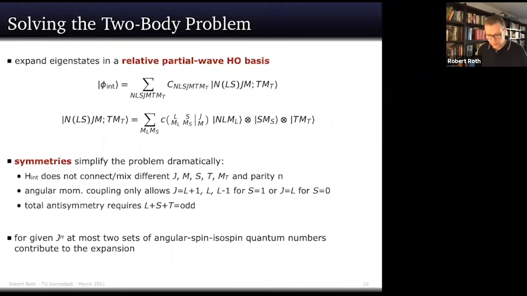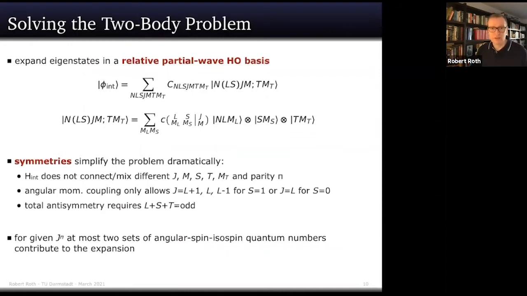And you know you have to use antisymmetric states from our basic quantum mechanics discussion. And antisymmetry in this relative coordinate world is closely connected to the quantum numbers. So antisymmetry implies that L plus S plus T, so the three angular momentum style quantum numbers, have to be odd because the L and the S and the T defines the symmetry under transposition that you have in the orbital angular momentum part, in the spin part, and in the isospin part.